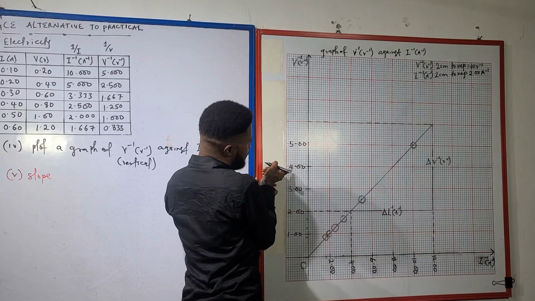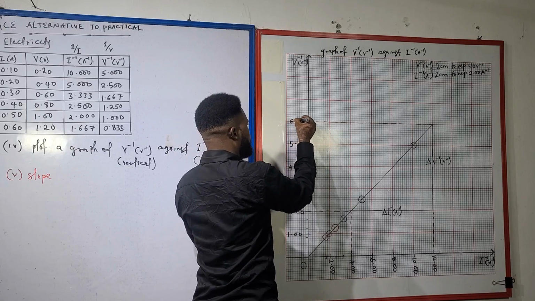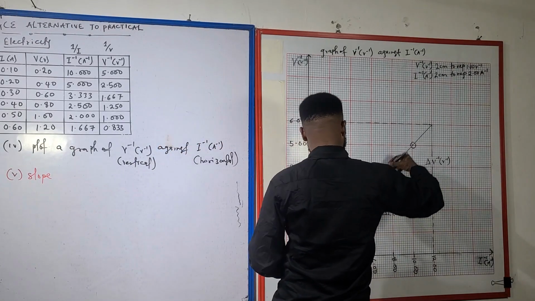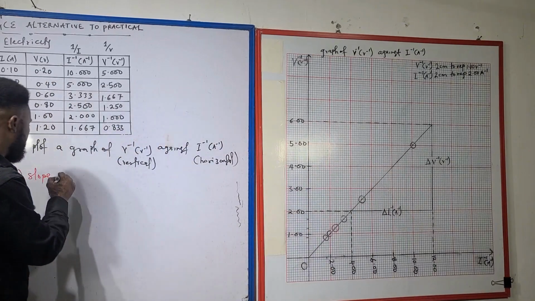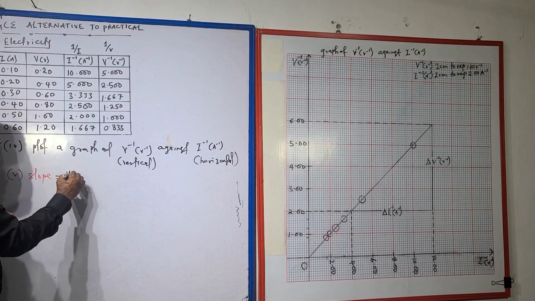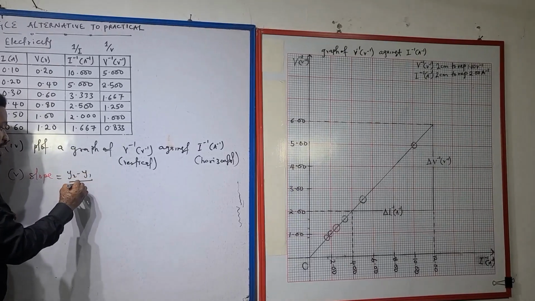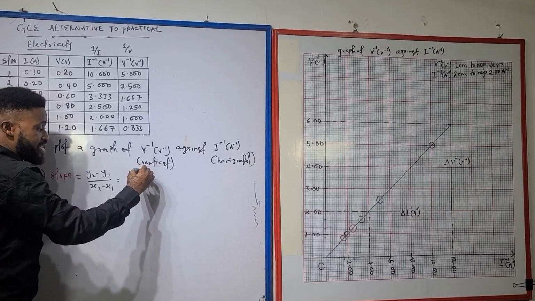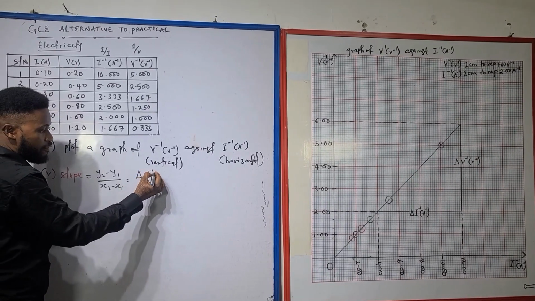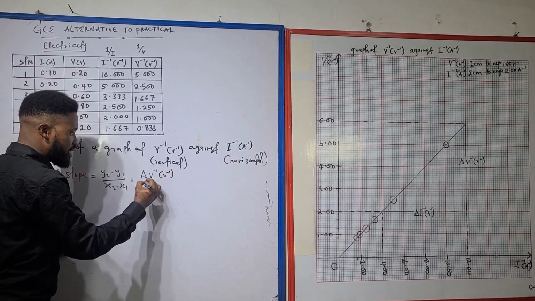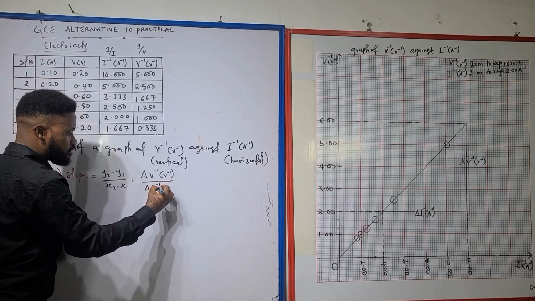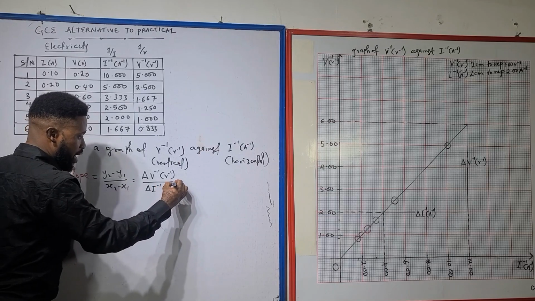So this will be 6.00. Therefore, this is going to represent my slope. My slope normally is always y2 minus y1 divided by x2 minus x1. But in this case, we're looking at the change in the inverse of the voltage in per volt divided by the change in the inverse of the current in per ampere.